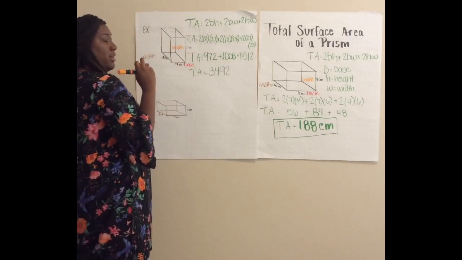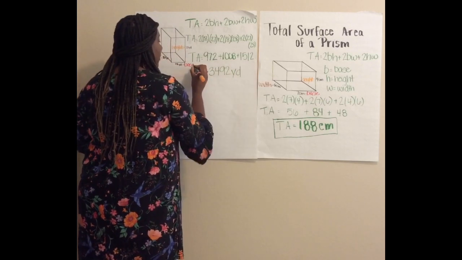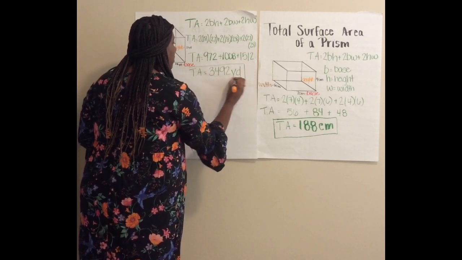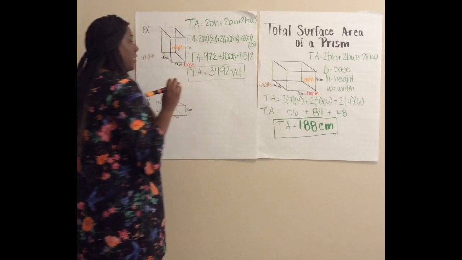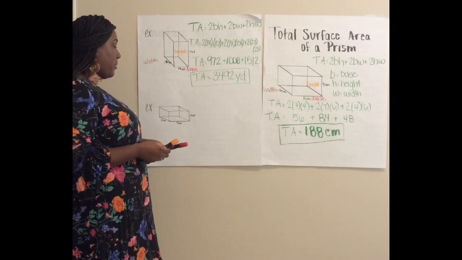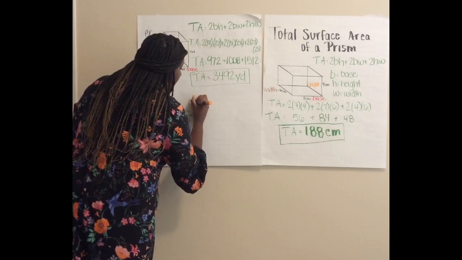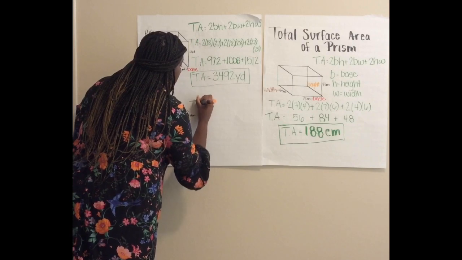And I need to do what? My units. Never forget your units, guys. Never ever forget your units. Okay, guys, so now we're on our last example. So we need to do what? Write the formula.